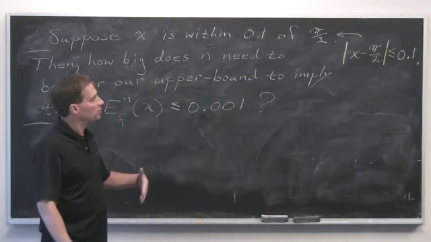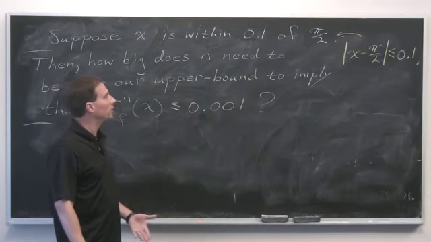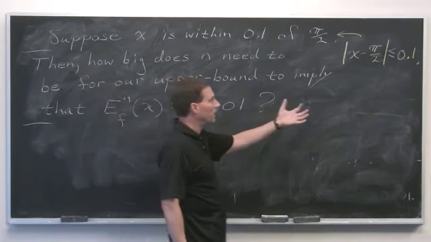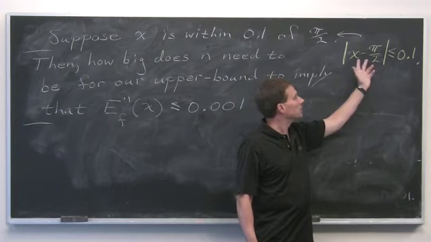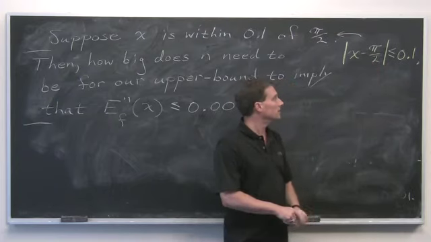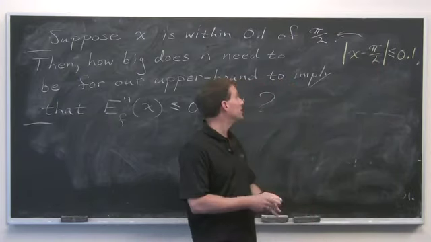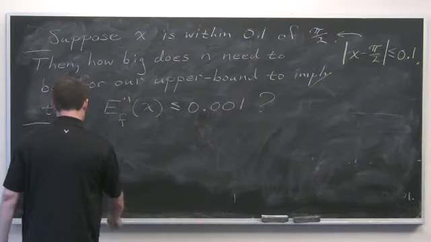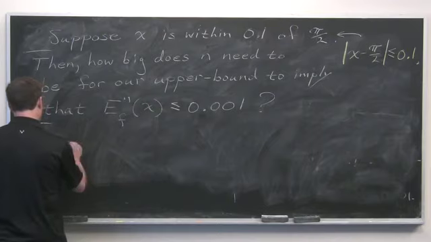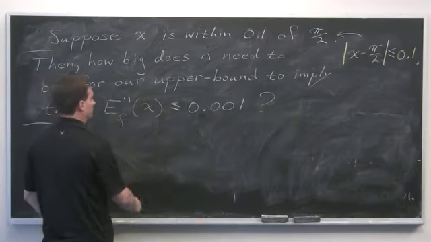That the absolute value of x minus pi over 2 is less than or equal to 0.1 means, right, the absolute value of the difference of two numbers is the distance between them, and we're just saying the distance between these is 0.1 or less. Well, that's what this says. All right. So what? Well, for sine of x, this is a mistake.